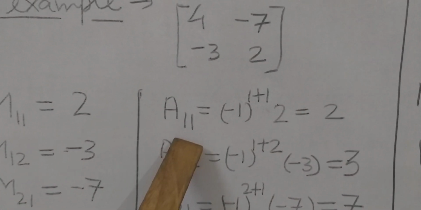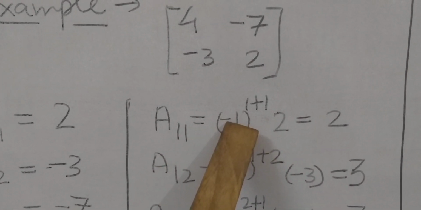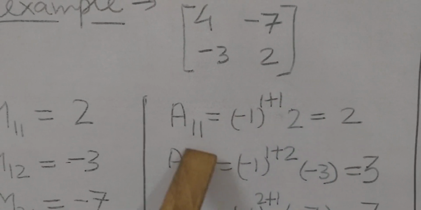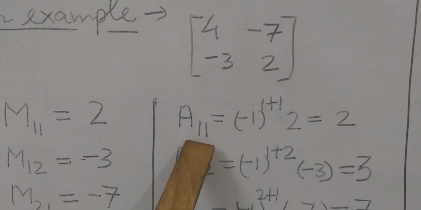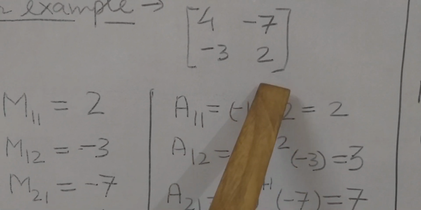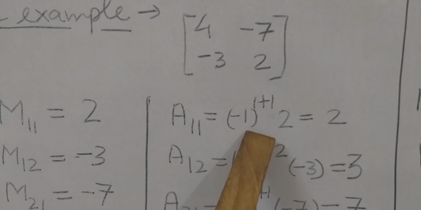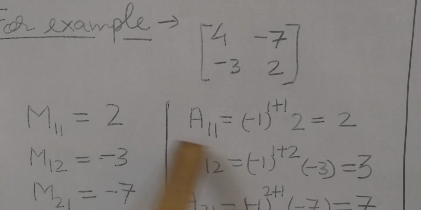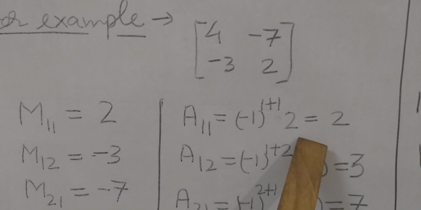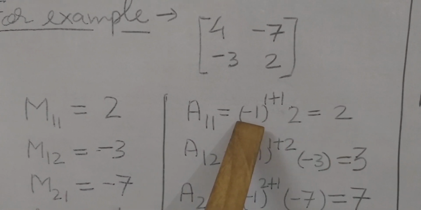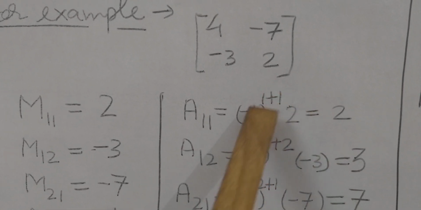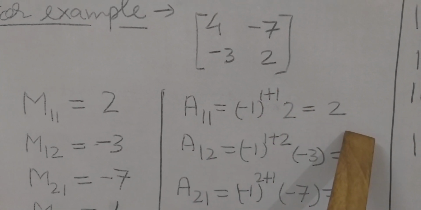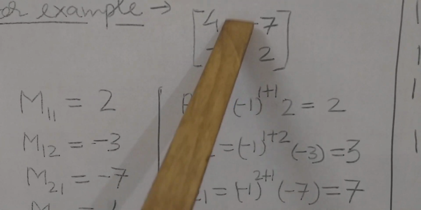So for A11, (-1) to the power 1 plus 1, students. i value 1, j value 1. And its minor, you can see, is 2. So (-1) to the power 2 means 1. 1 into 2 is 2. Its cofactor is 2.